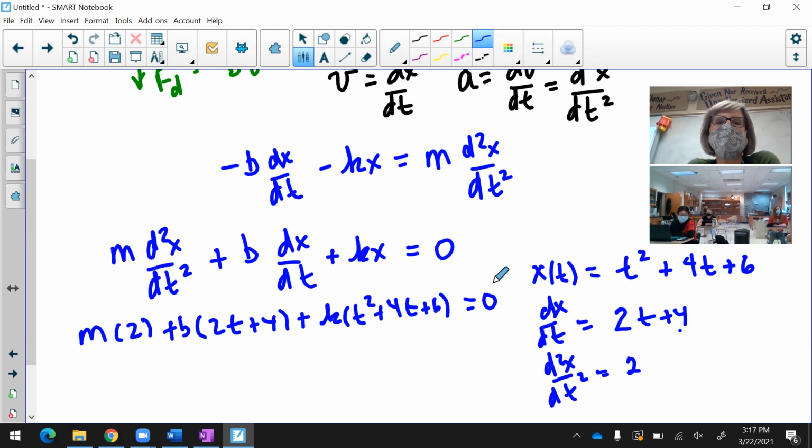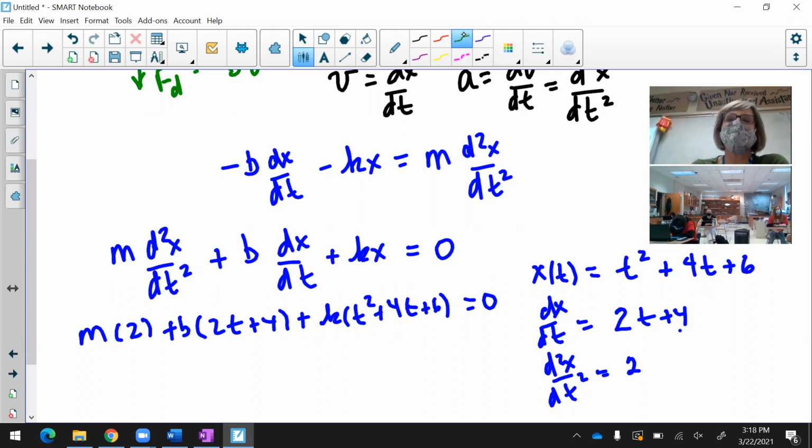The only way that would happen would be if t was equal to 0 and somehow we got all the constants to go away. It's only going to work for one value of t, and I need it to work for every value of t, because I need this equation to hold all the time.